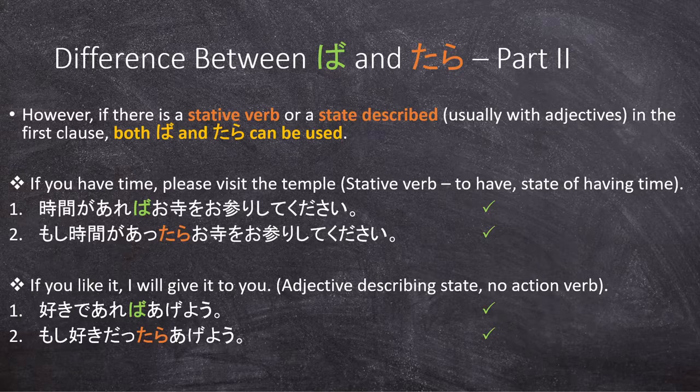So you need to remember, whenever you have a stative verb or a state described, you can use both ba and tara. So it's really up to you in those cases.